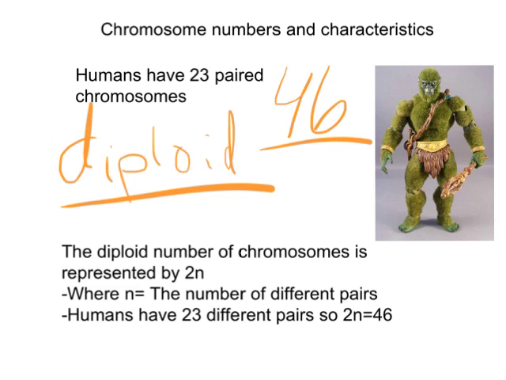How many pairs do they have? I want you to do the same thing for chimpanzees, potatoes, and rhinoceroses. Circle the n value in your notes for all those different species, and then bring that into class, and we're going to make sure that's correct.